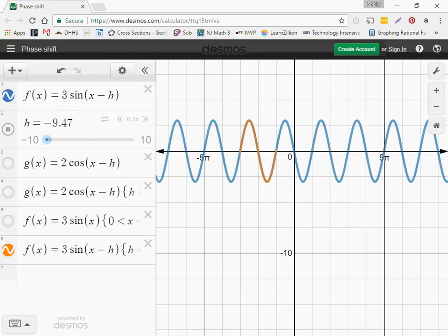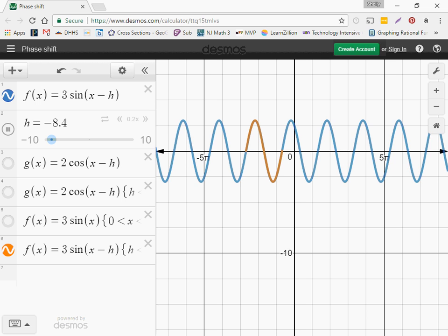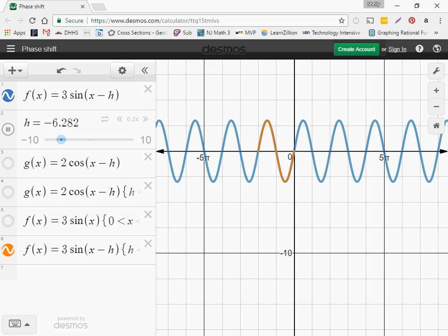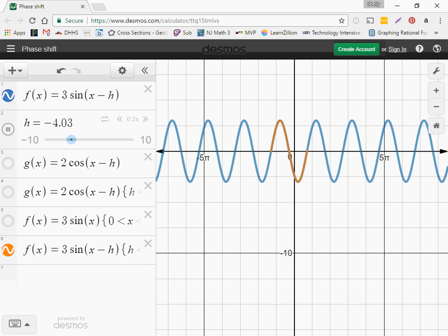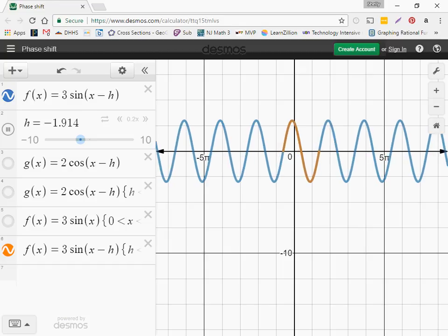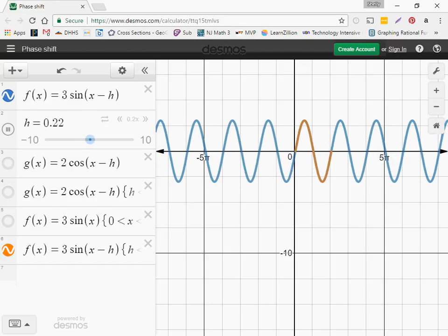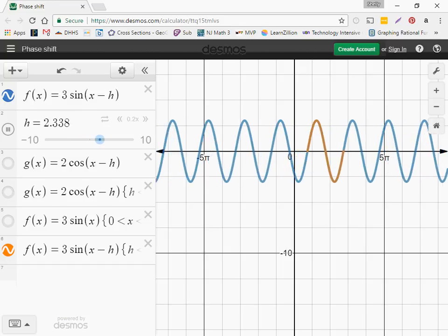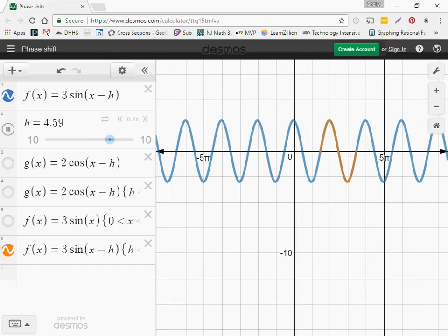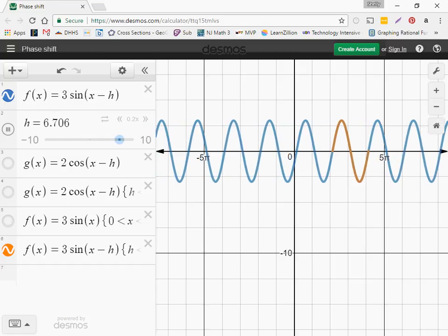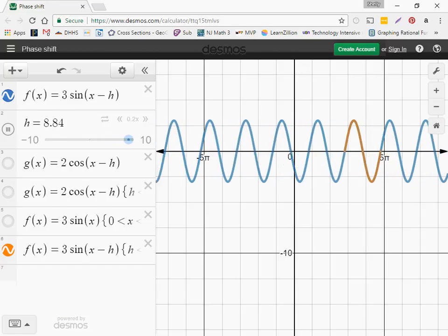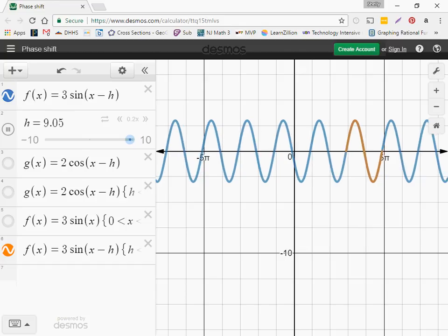Now this is just changing the h constantly, so you see that motion. But anyway, the h value just adjusts where you start that one cycle in particular that you focus on first. But then the rest of the function just continues that pattern from that one cycle.